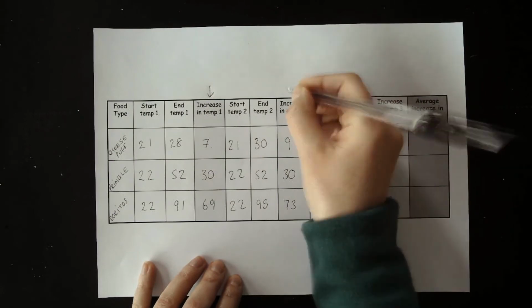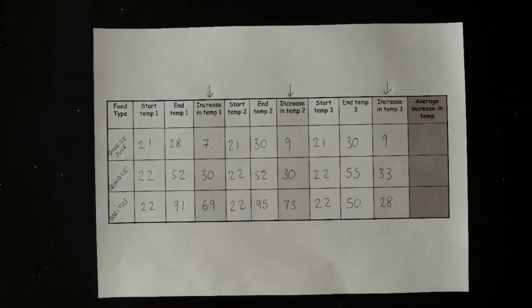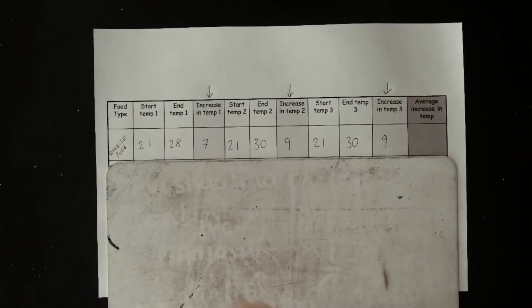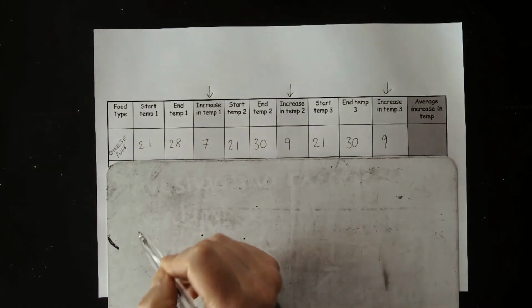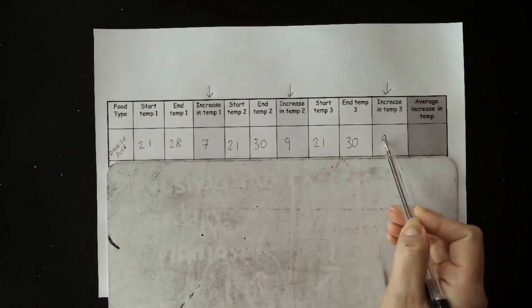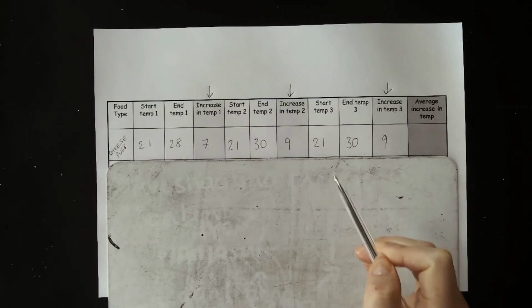So this one here, and this one here. And I only want to look at 1 crisp at a time. So I'm going to check for anomalies. So I've got 7, 9 and 9. Those 3 results are quite close together, so there are no anomalies.